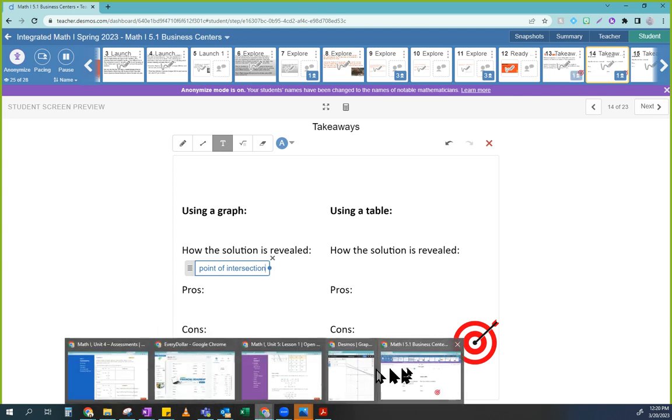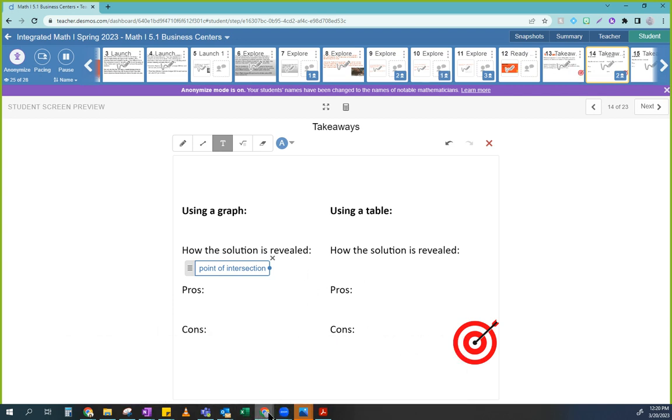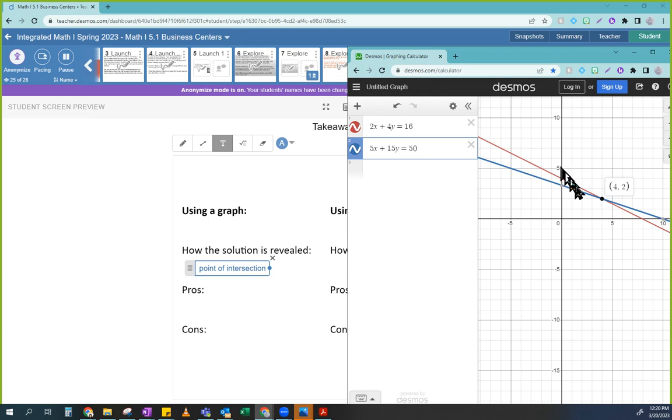It's the point of intersection. The pro of this is that you don't have to do any algebra work. Desmos does it all for you. Pros, Desmos. Cons. Anybody think of a con that could be?